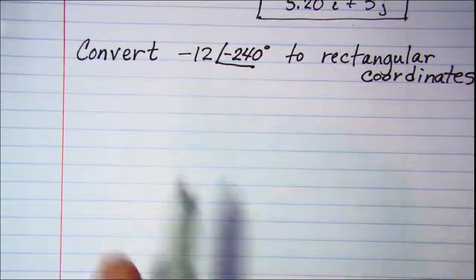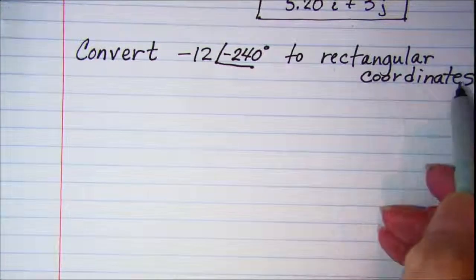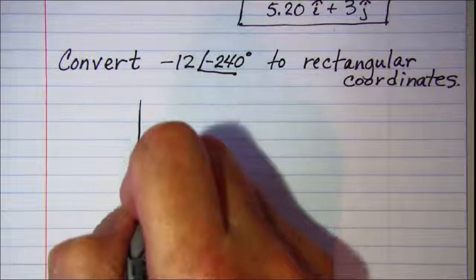The problem is to convert (-12, -240°) to rectangular coordinates. So again, let's draw a sketch.